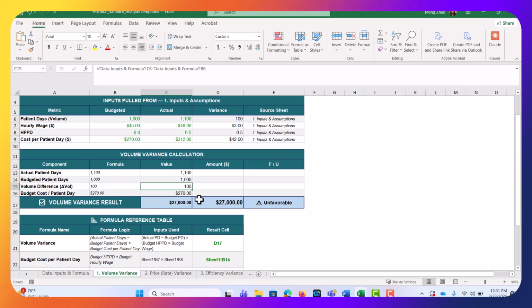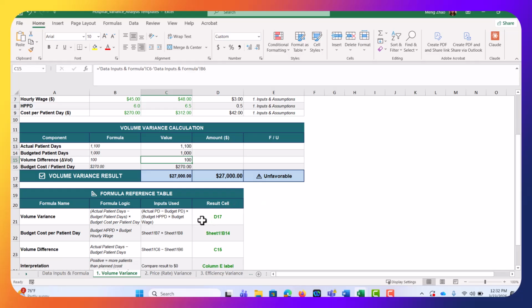We can see that we have a volume variance of 27,000, and in this case we put it as unfavorable, but as a reminder, in some cases it can be favorable. For example, if you have more patients annually compared to the budgeted patient number, then that means you can attract more financially positive income, as your revenue.